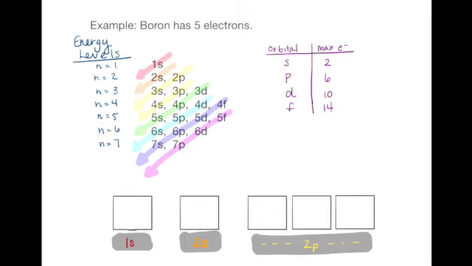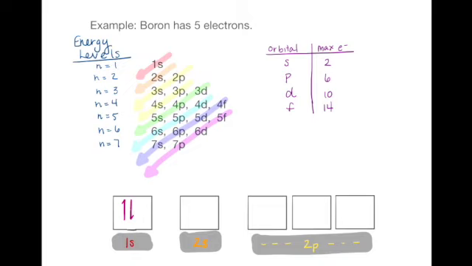For the first one, the s can only hold 2. So we're going to have 1 electron, shown with a half arrow, spinning upwards. Remember, when they pair together, they're going to be spinning in opposite directions, so we show the other one with a downward spin.